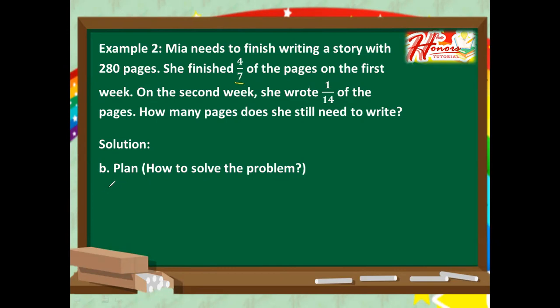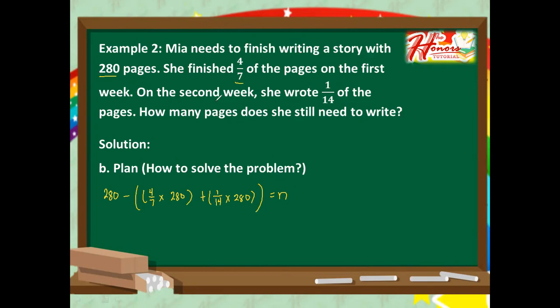So we have 280 minus 4 over 7 times 280 plus 1 over 14 times 280 equals n.